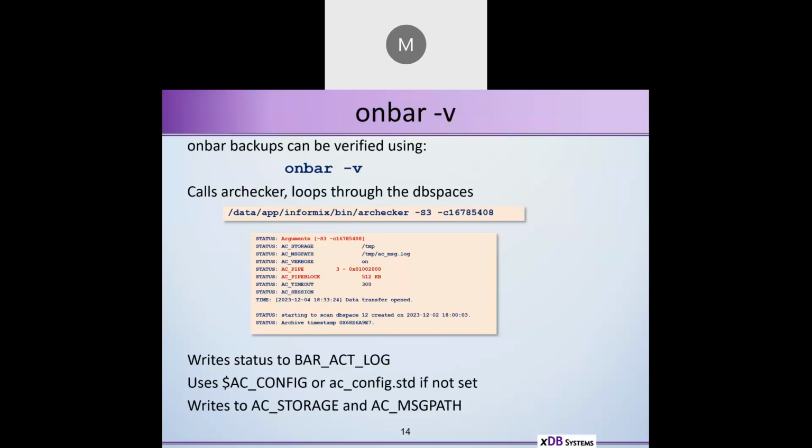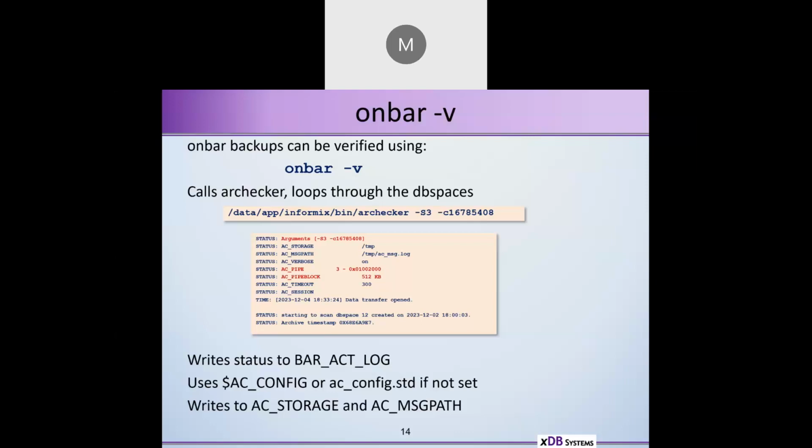But because this utility, onbar -V, calls archecker, the AC config file is still used, and the AC storage and AC message path are still used. But in addition to those regular files, we'll also see output in the bar act log, which is used by all the onbar operations for giving a status.